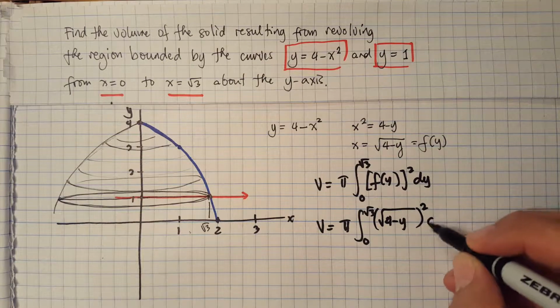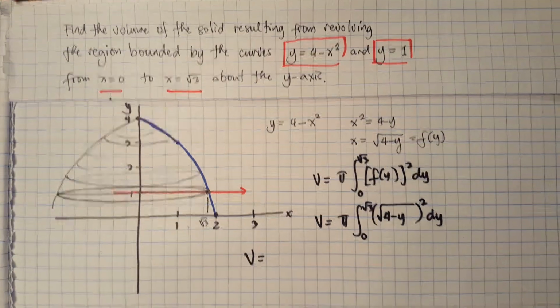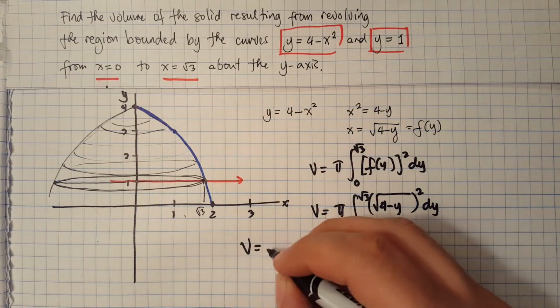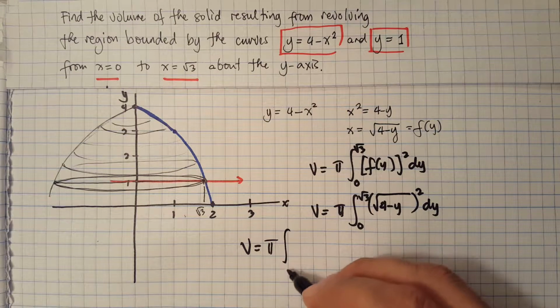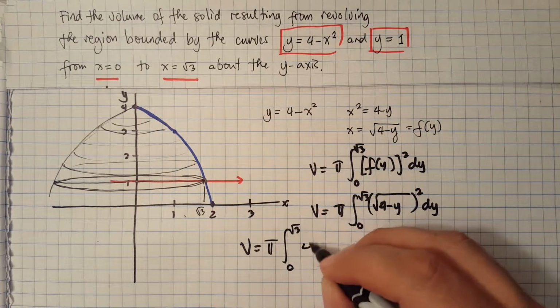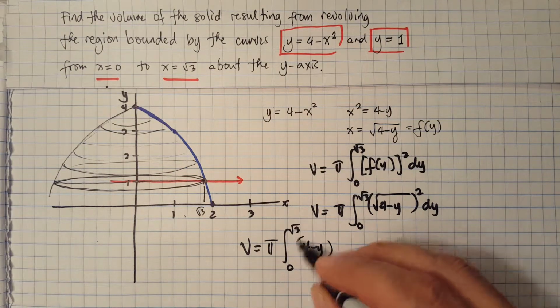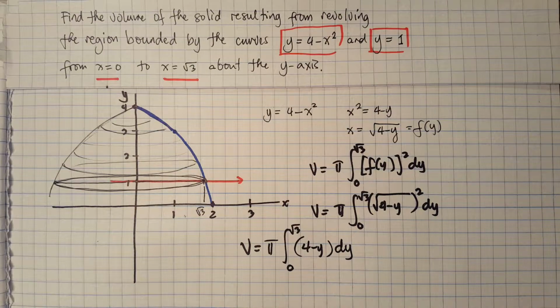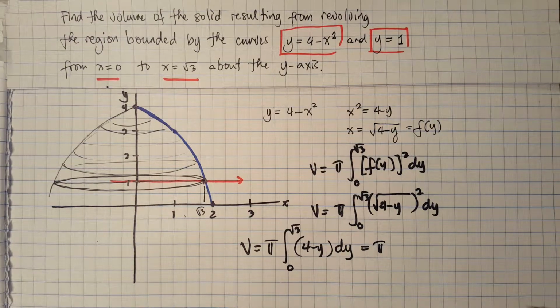Wait, we are squaring that. So that means we have this. This looks manageable. This is now the integral from 0 to root 3 of 4 minus y dy. Let's proceed.